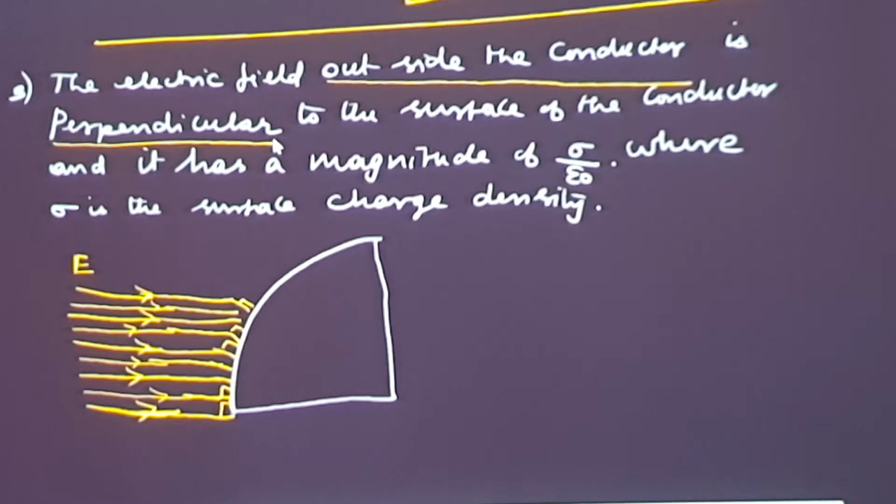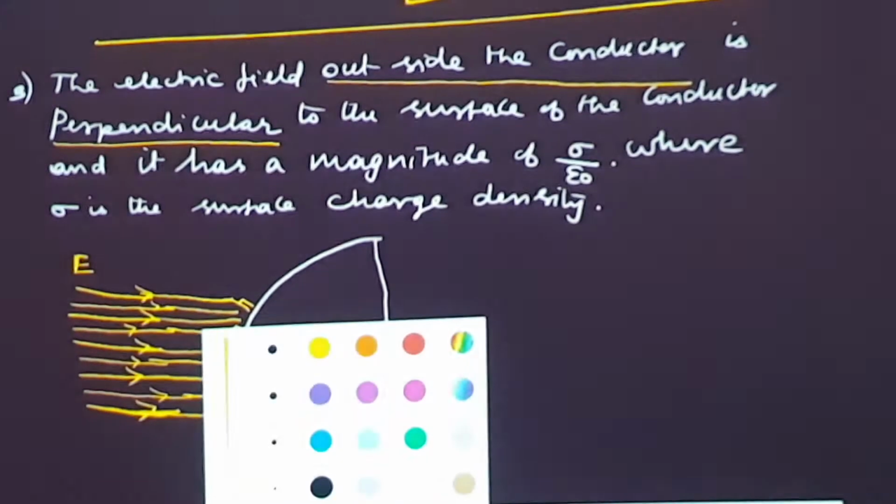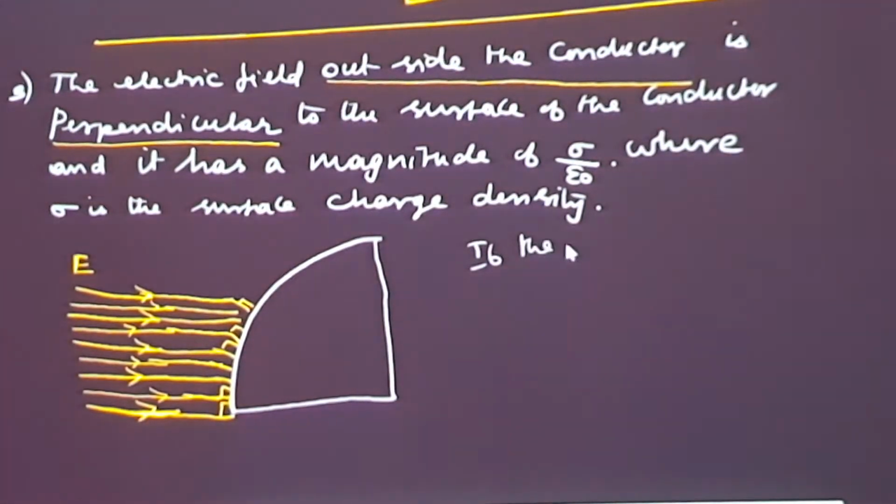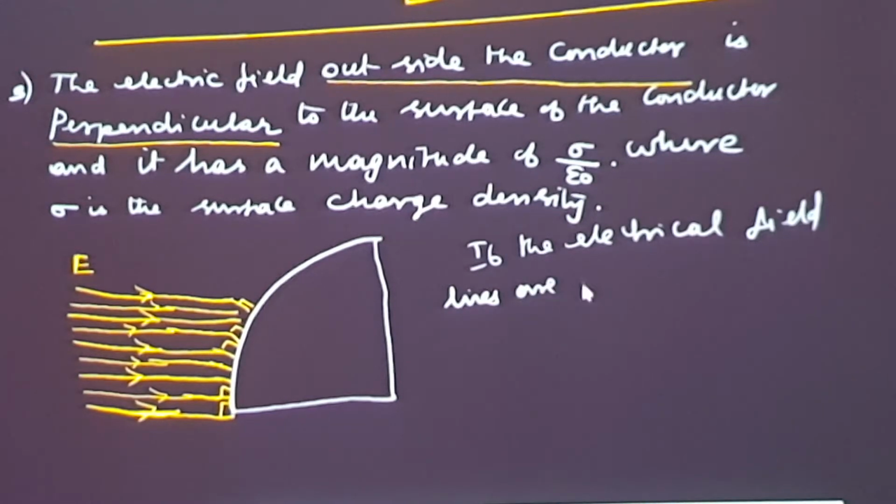What are we going to consider? If the electrical field lines are not perpendicular to the surface, what will happen? If the electrical field lines are not perpendicular, then it will have a parallel component.